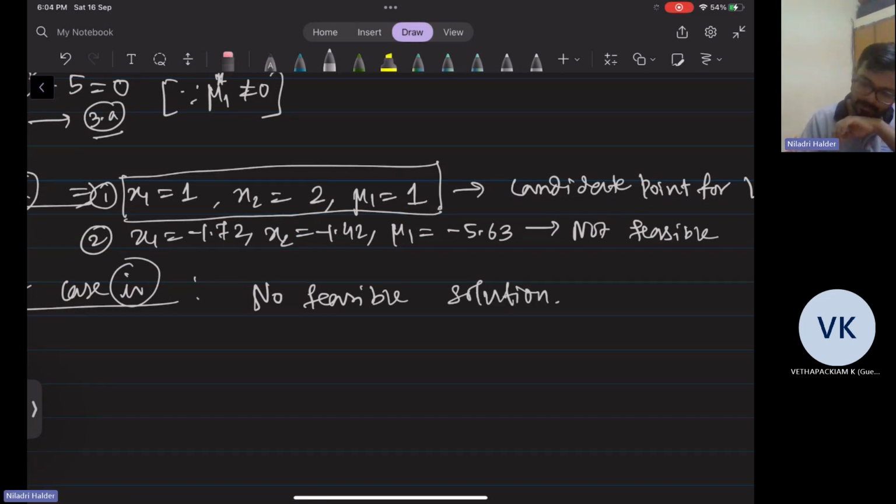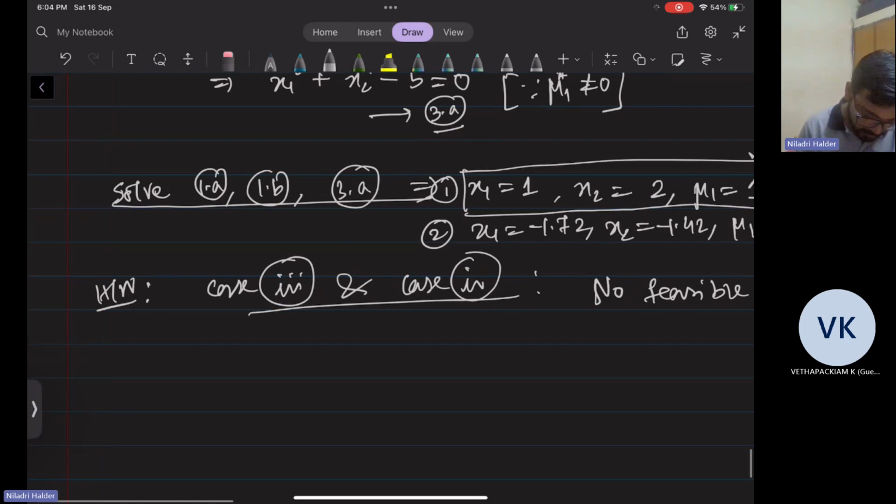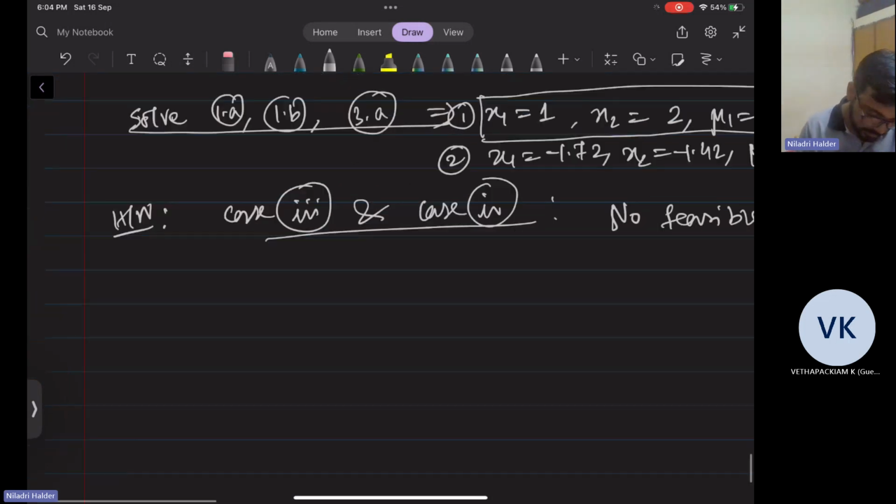Okay, so only one candidate point. So this is the candidate point for local minimum. Now, if the second order sufficient condition is satisfied on this point, then we can say that this is the optimal point or local minimum point. Okay. So that's all for the KKT conditions.